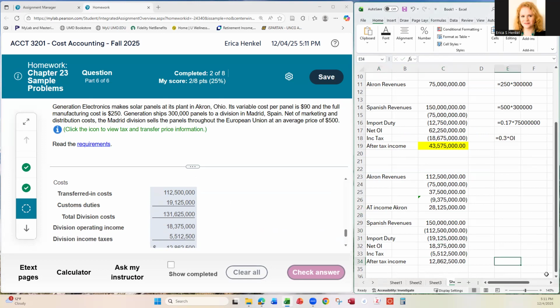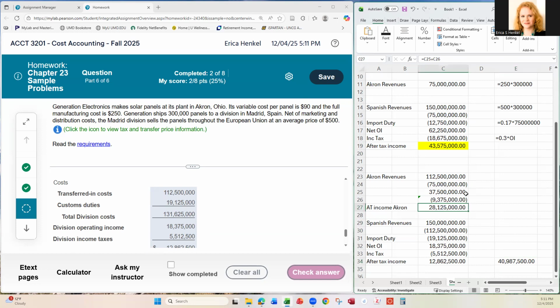The sum of those is 40,987,500. So we're actually making less money overall this way. And why is that? Well, because we're charging all the income here, right?